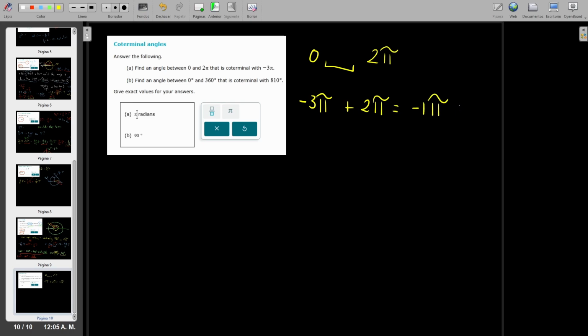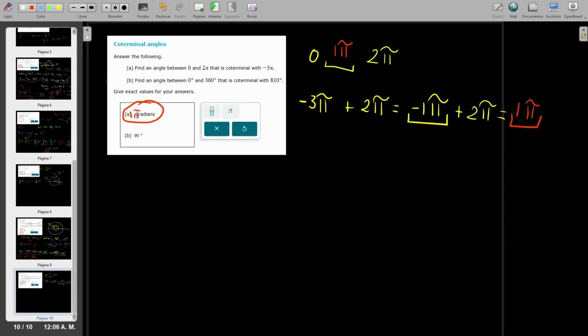If we add another 2 pi, why? Because we compare: is this within this range? No. So we need to add another term. We do this and they give us the value of 1 pi. Is this number between 0 and 2 pi? Right. So the answer is 1 pi radians.